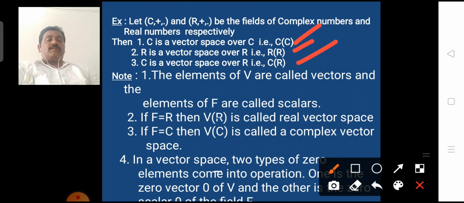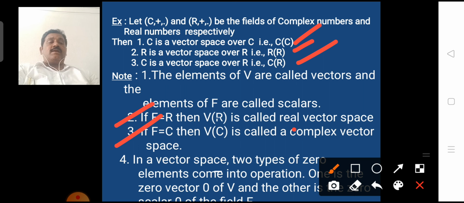There are two types of vector spaces. One is real vector space and another is complex vector space. The elements of V are called vectors, and the elements of field F are called scalars.